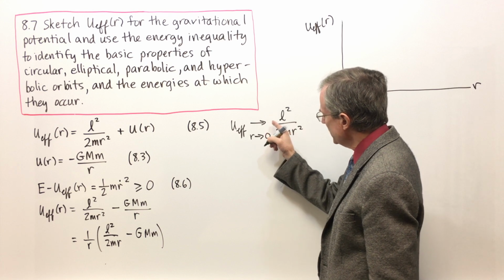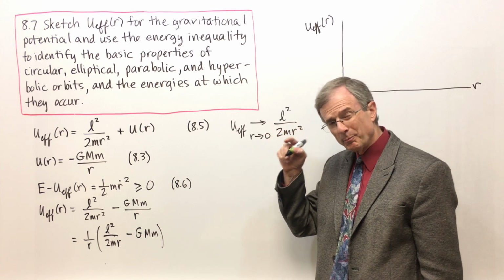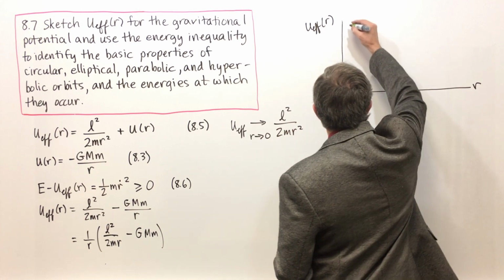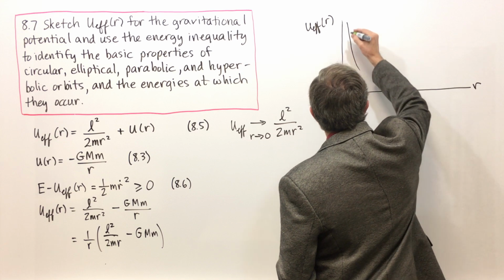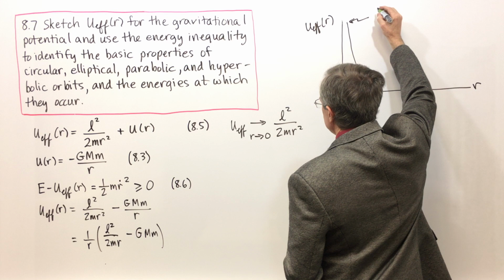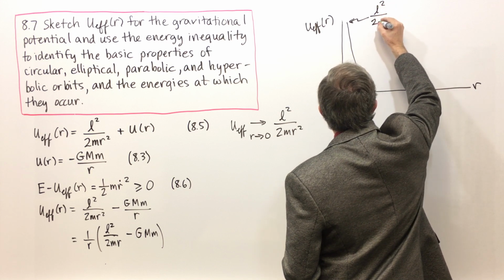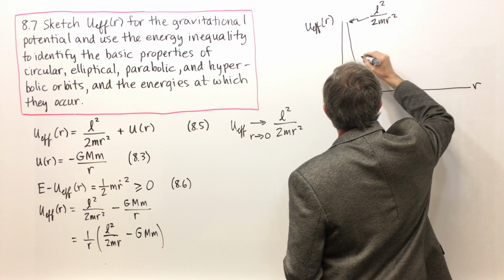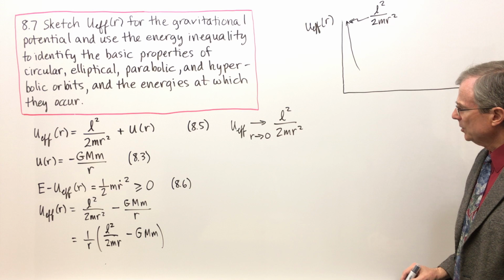There's no minus sign out in front of this, so that means that U effective is going to go to positive infinity. So this is L squared over 2mr squared. And that's what happens as r goes to 0.